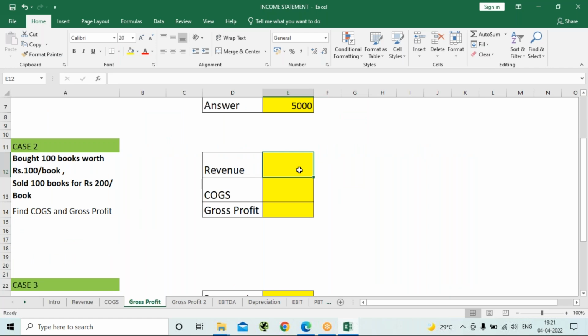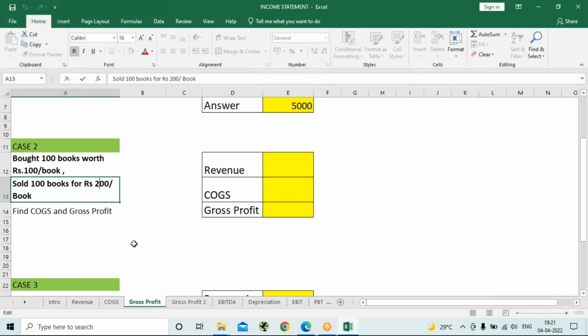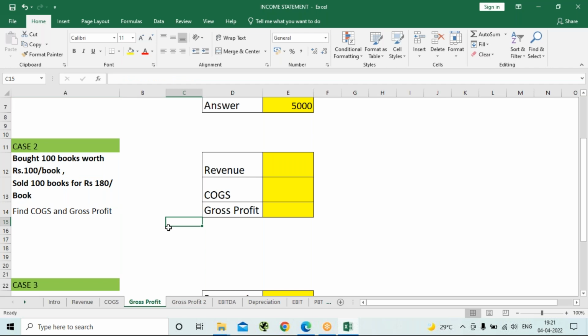So here what could be the revenue value and what could be the COGS value? I'll just make this value, instead of 200, as 180, so that you may have a little bit of difference. Can anyone try this revenue value, at least by taking the reference of what Abhirami gave? So the revenue will be 100 into 180. Very good.